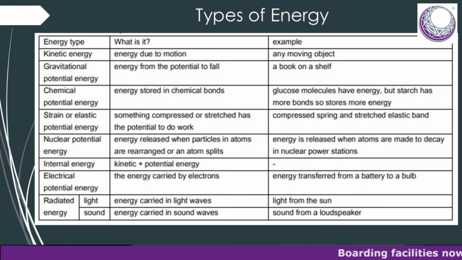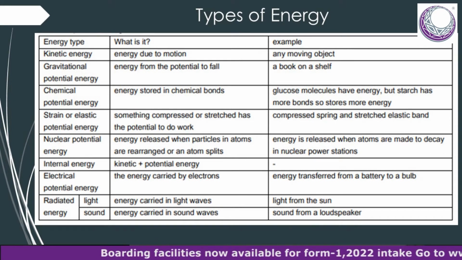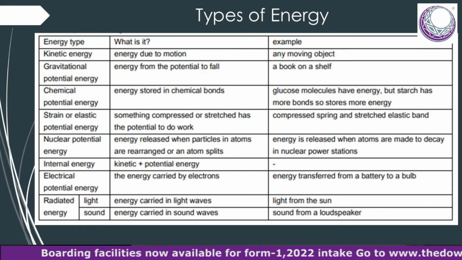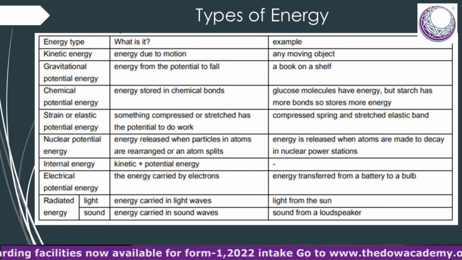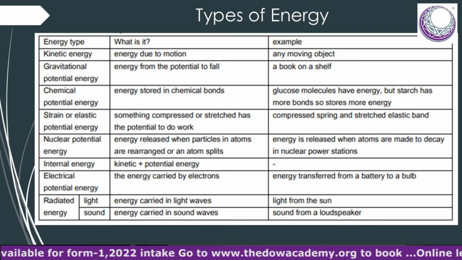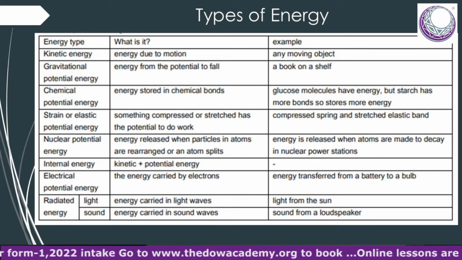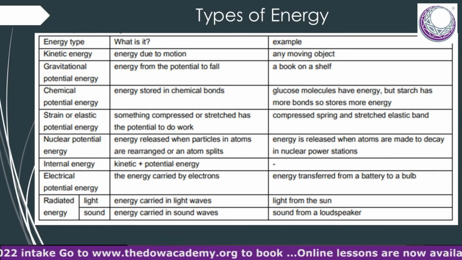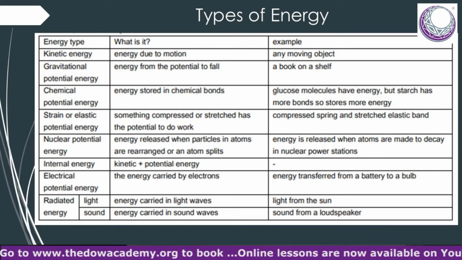Internal energy is a combination of kinetic energy and potential energy. We usually get it when an object falls to the ground. On hitting the ground, there we have internal energy.